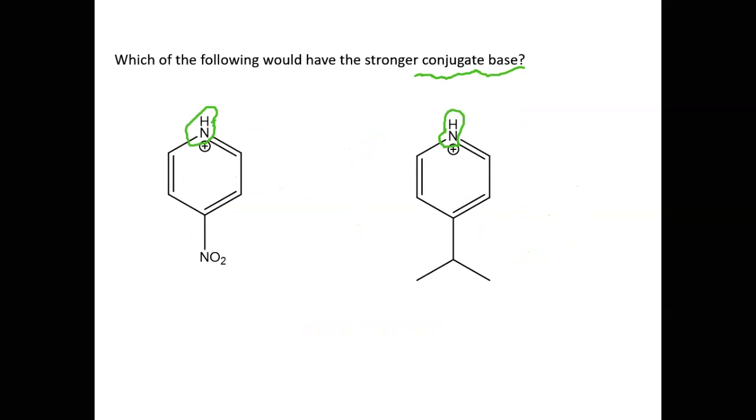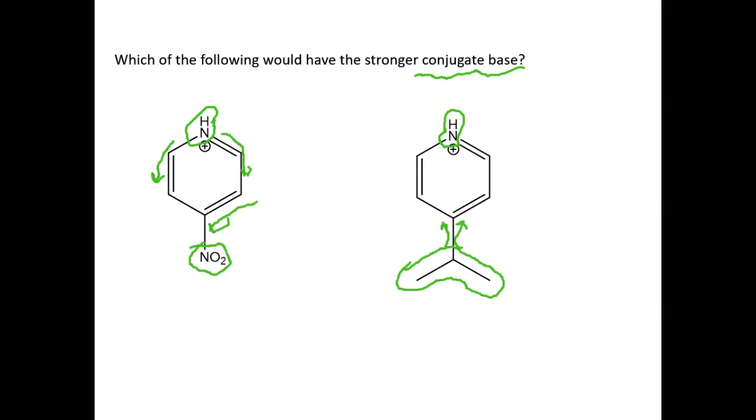Now this one has NO2. This one has an alkyl group. So remember, NO2 is electron withdrawing, so it's going to remove electron density from the reaction center. Whereas the alkyl group is not electron withdrawing, it may even pump a little electron density into the reaction center.